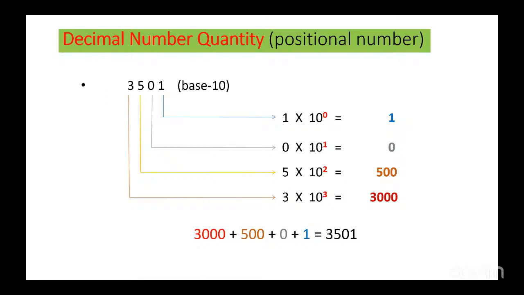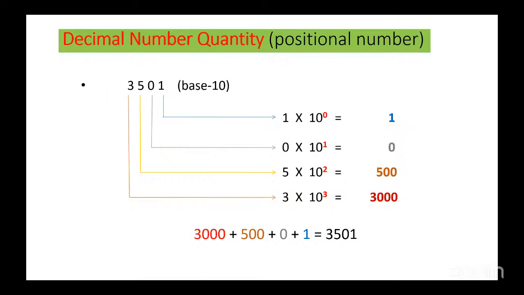So going right to left, the power value is increasing. 1 is on the right side, then 0, 5, 3. Which power? Because this is a decimal number, the base is 10, so the power keeps increasing. So 1 into 10 power 0, 0 into 10 square, 5 into 10 cube, 3 into 10 power 4.